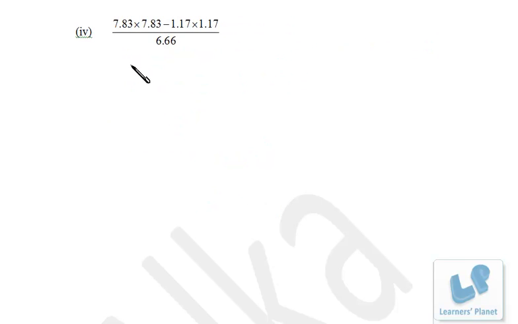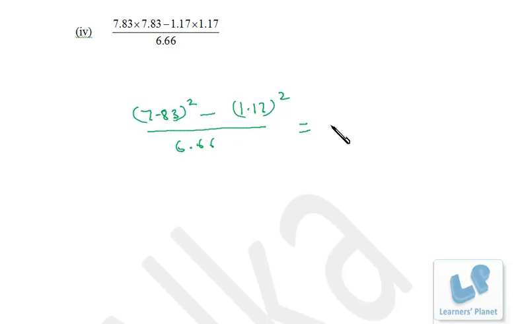Now here it's 7.83 square minus 1.17 square, divided by 6.66, right? So that is a square minus b square. Now a square minus b square can be written as (a minus b) into (a plus b), right?